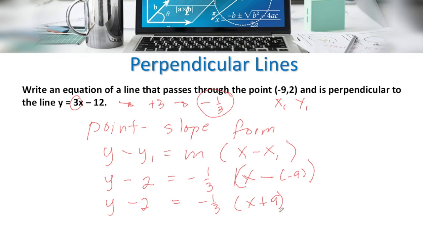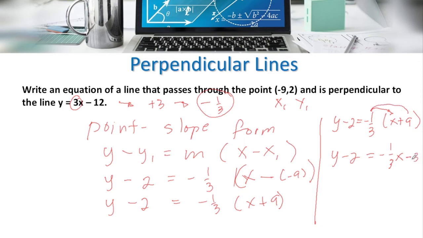So if you want to know if our answer a while ago will be the same, you can convert this to slope-intercept form. If you want, let us see. Y minus 2 equals negative 1/3 x plus 9. So this is y minus 2. Distribute. We have negative 1/3 x. Then distribute. That is negative 3.